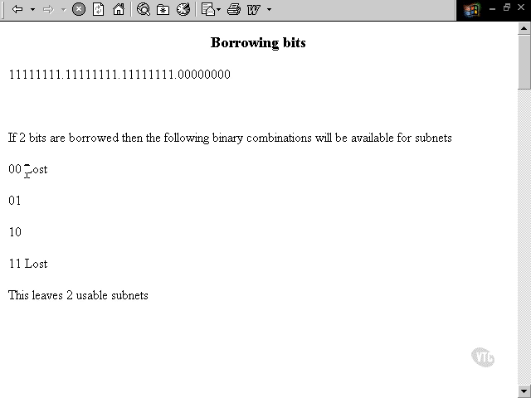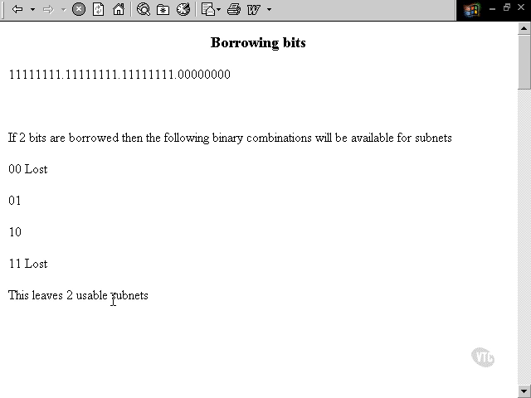This is because you cannot use the all zeros or all ones. You're always going to lose 2, the bottom and the top. So what we have left in between is 0 1 and 1 0. So if we borrow 2 bits, we have 2 usable subnets.